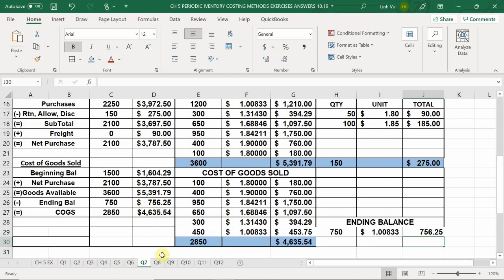My cost of goods sold should have been $4,635.54. Okay. So again, this could have been an option that you could have done as well. And I'm going to highlight this because that's exactly an answer that you could have gotten.